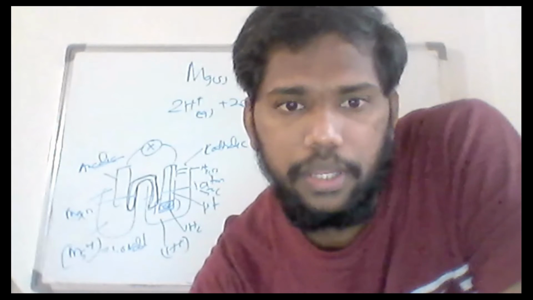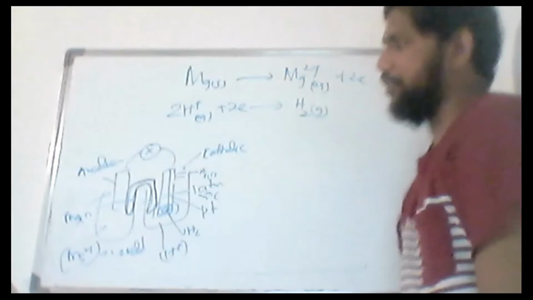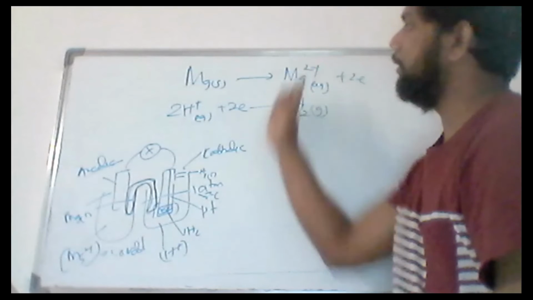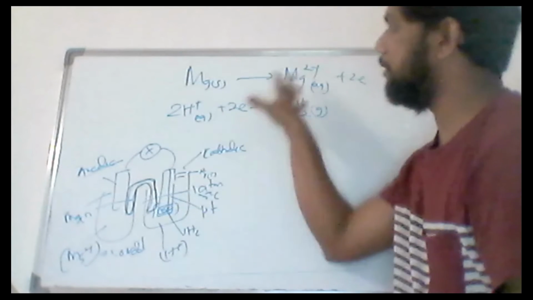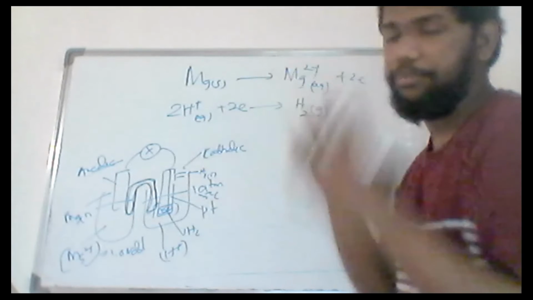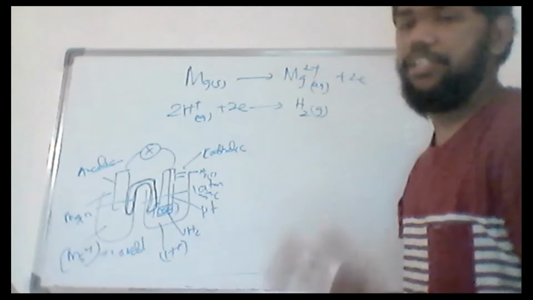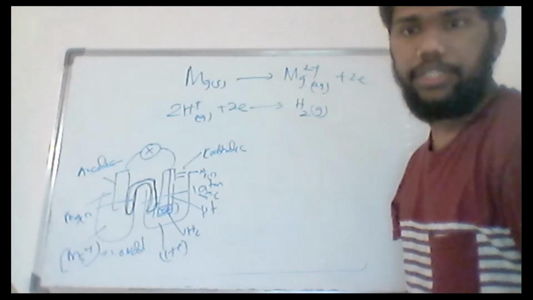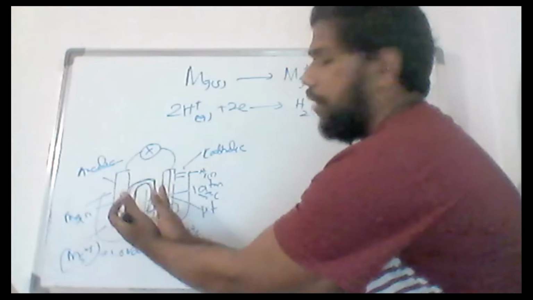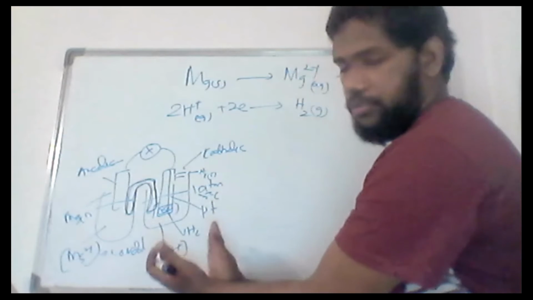So the idea is here in terms of cell. If you can quickly think about how this cell can be present as a picture, it will be very easy for you to write down the cell notation. Because in the cell, you have the anode, then you have the salt bridge, then you have the cathode.